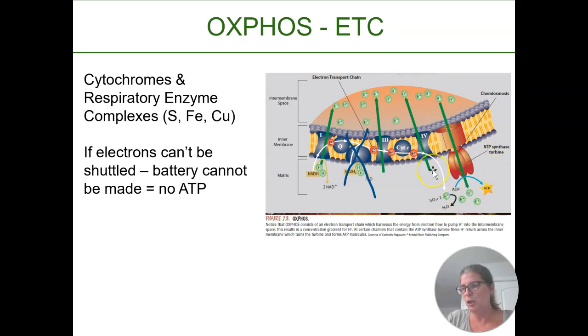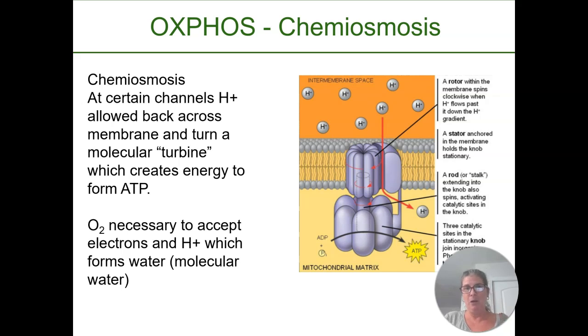It's basically a little turbine that spins. So whenever we have this complex, those hydrogens come back across, and as they come across, they spin this turbine. And as it's spinning, it makes ATP. And so you have to have oxygen there to catch all those hydrogens and electrons, because otherwise you would change the pH. And we form what's called water, or metabolic water.